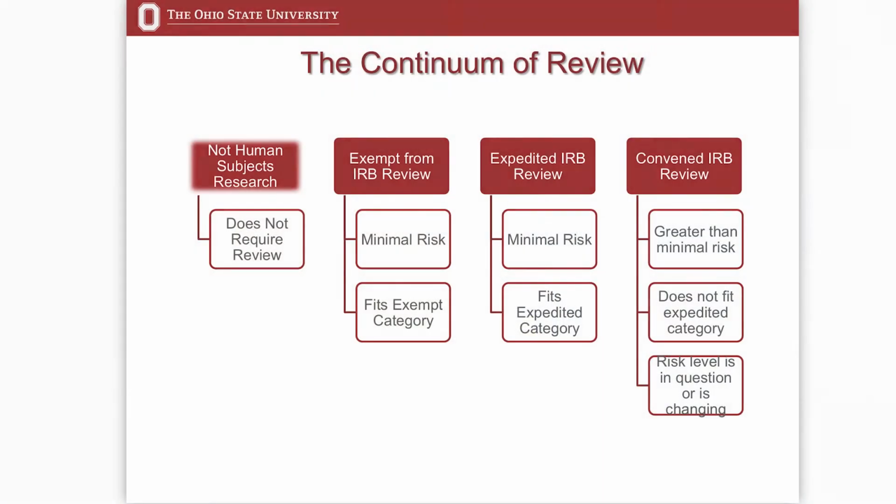All right. So let's talk about how this review looks if we looked at everything on a continuum. Okay, so the first thing we have is it's not human subjects research. You do not need IRB approval. Okay? You only need approval for human subjects research. The next step up would be you do need approval, and it could go into the exempt category.